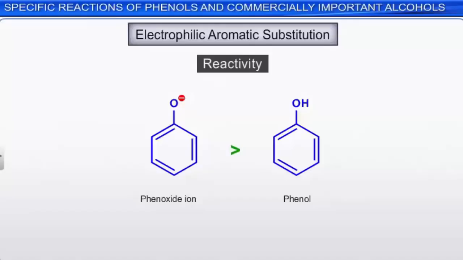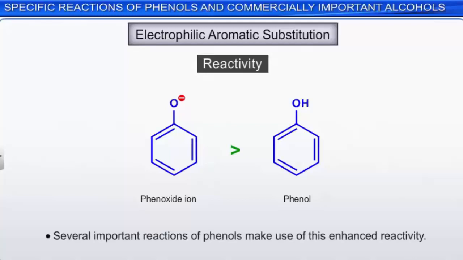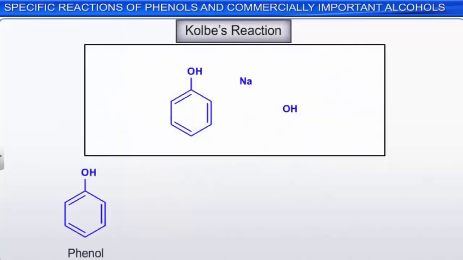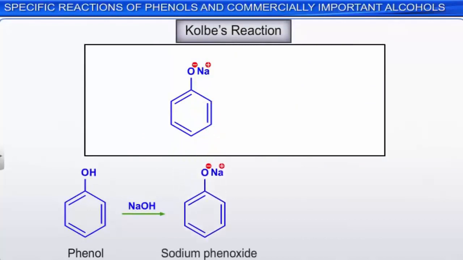Phenoxide ions are even more reactive than phenol towards electrophilic aromatic substitution. Several important reactions of phenols make use of this enhanced reactivity. In Kolbe's reaction, sodium phenoxide is prepared and then subsequently heated with carbon dioxide under pressure.